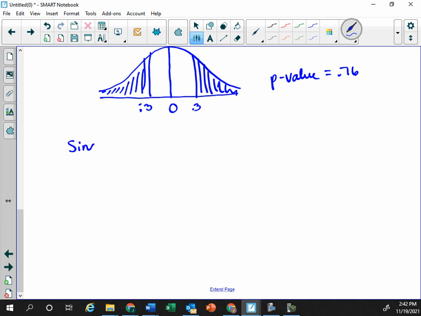All right, so since our p-value of 0.76 is greater than alpha of 0.05, just a little bit greater, we fail to reject the null.